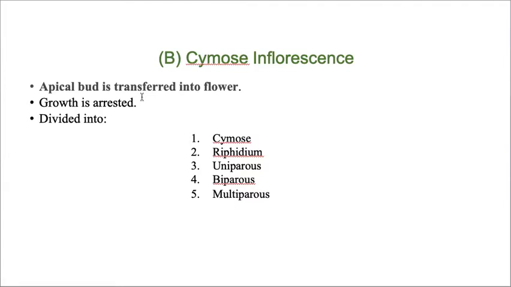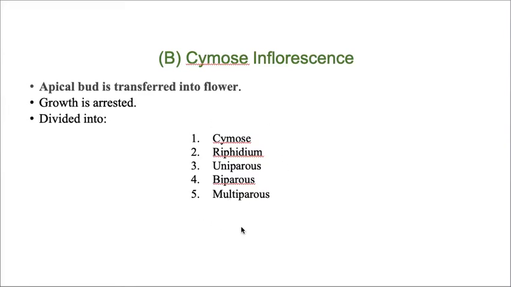Okay, now this cymose inflorescence is divided into cymose solitary, Rhaphidium uniparous... I'm extremely sorry, I made a very small mistake. I used a wrong word, I'm extremely sorry for this. Cymose solitary, Rhaphidium, cymose uniparous, cymose biparous, and cymose multiparous.